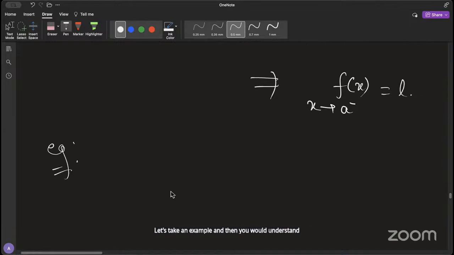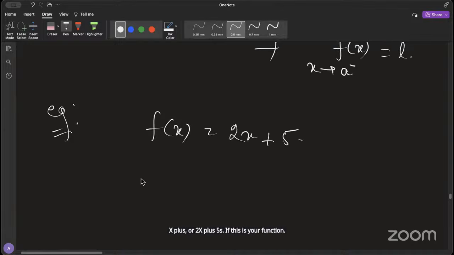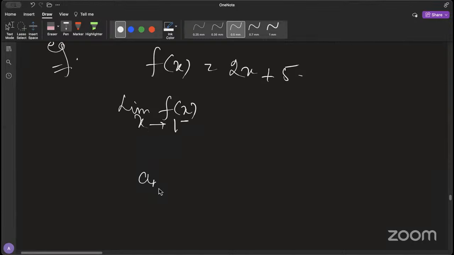Let's say you have f(x) equals 2x plus 5. If this is your function and I have to find the limit as x tends to, let's say, 1 from the negative side, then what does it mean? If there is any sequence a_n, the first condition on a_n should be that it is less than 1, right?